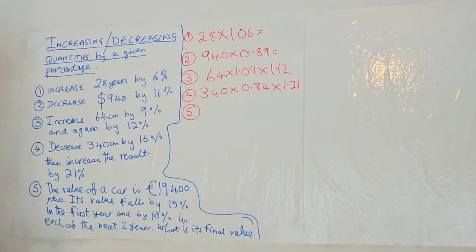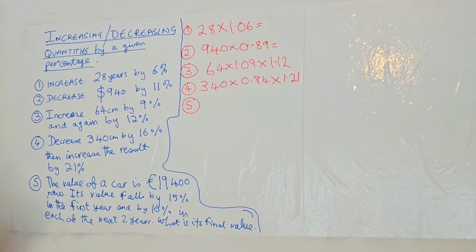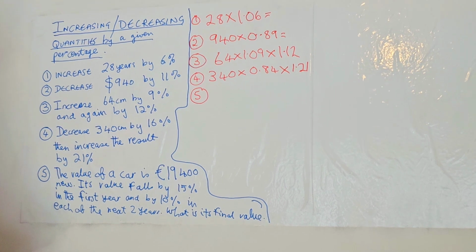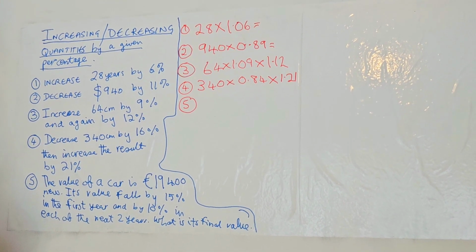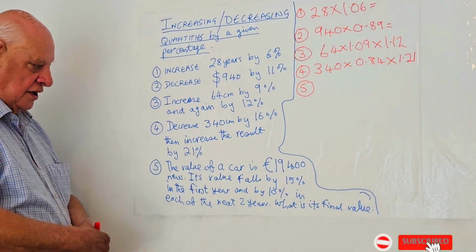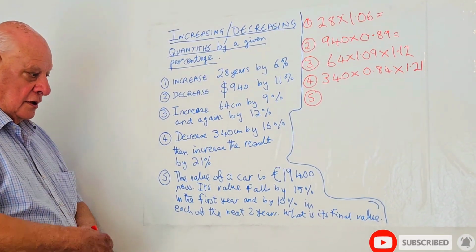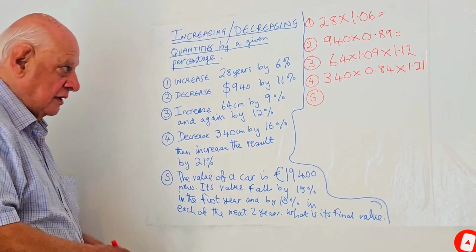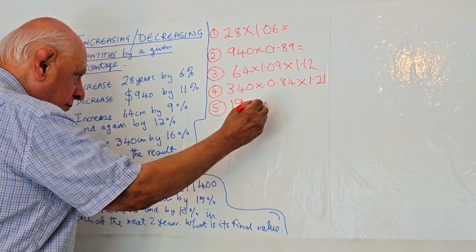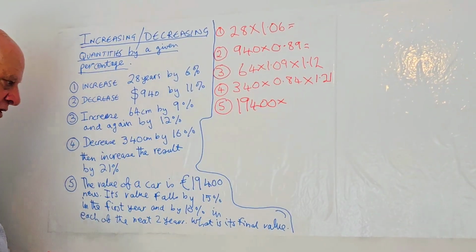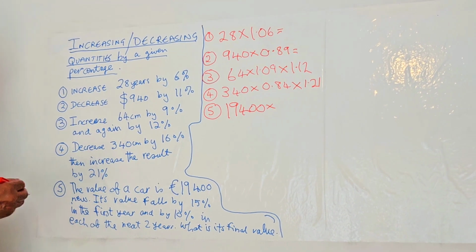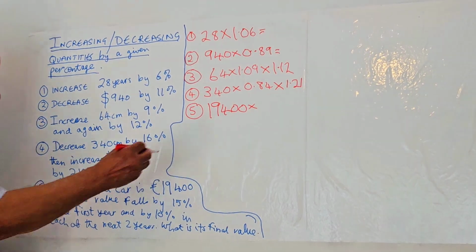And for number 5, it says the value of a car, presumably when new, is 19,400 euros. Its value falls by 15% in the first year and by 10% in each of the next 2 years. You want to find what the final value is. We start off with our 19,400 times, decreasing by 15%, so it becomes 85%. 85% is 85 over 100, which is 0.85.